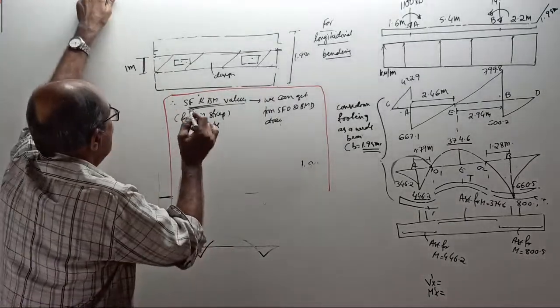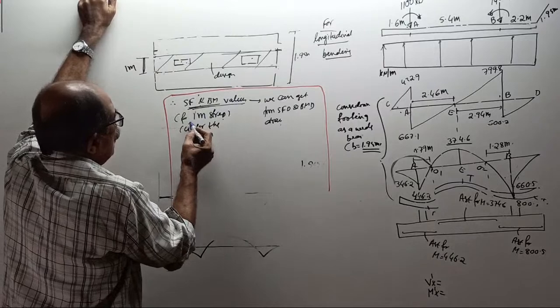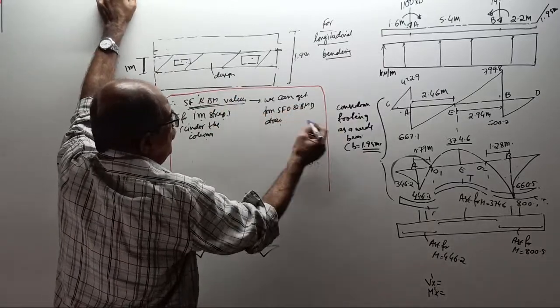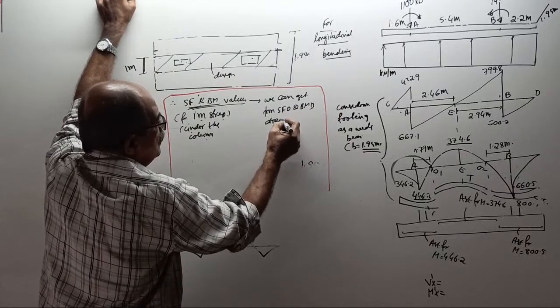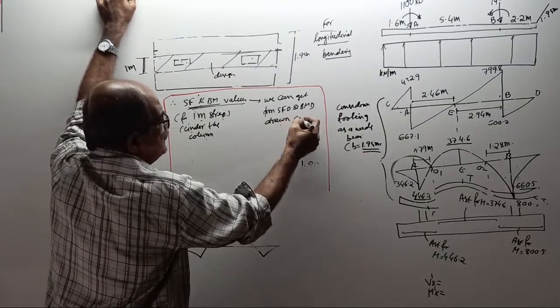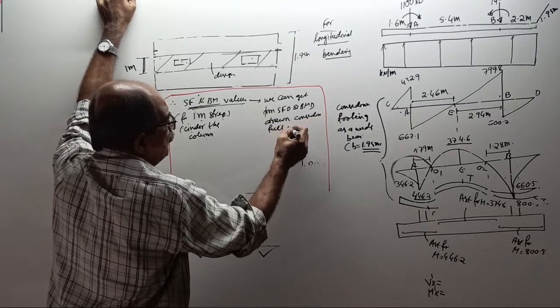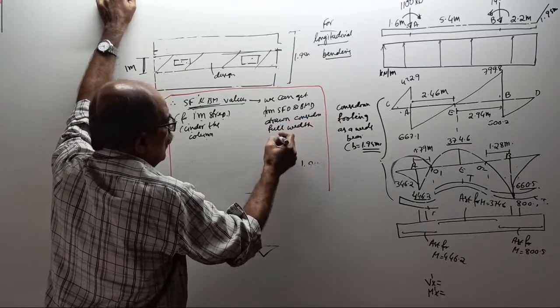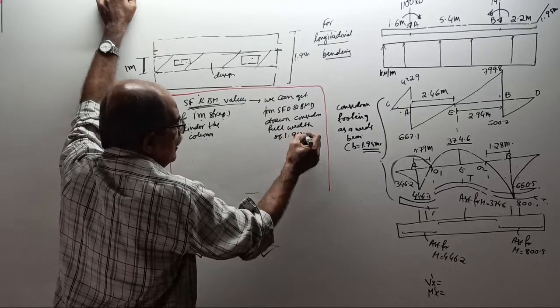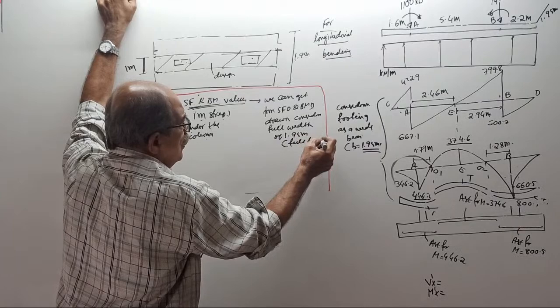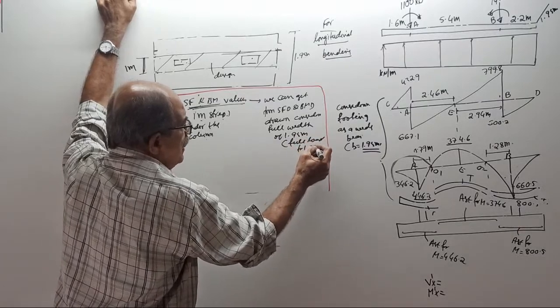Okay, sir. SF and BM values for the 1 meter strip under the columns, we can get from the BMD drawn considering the full width of 1.95 meter. That is the full load for 1.95 meter.